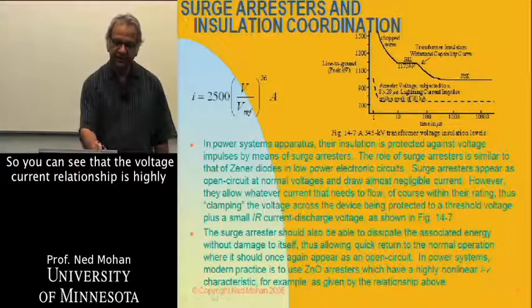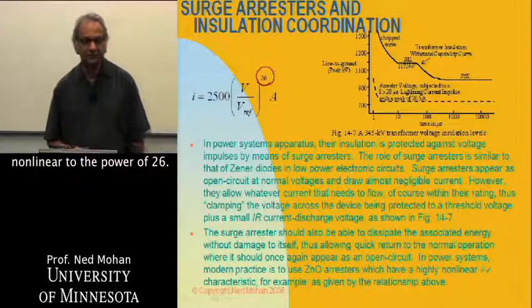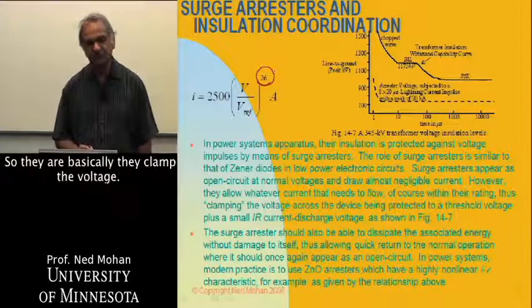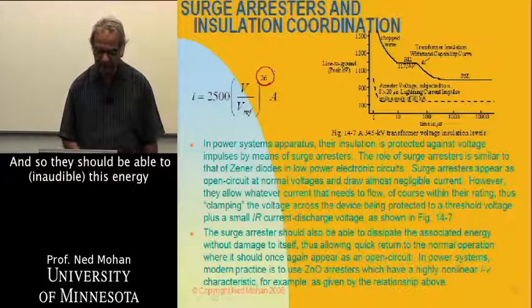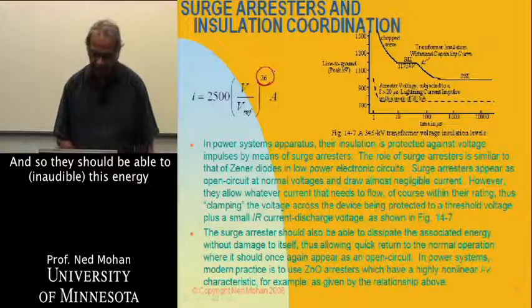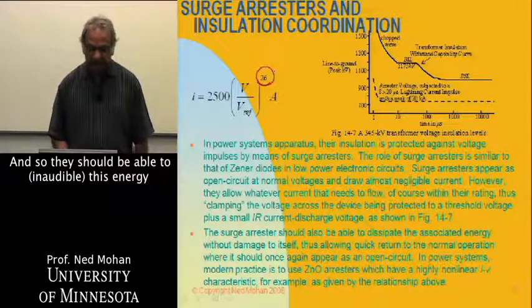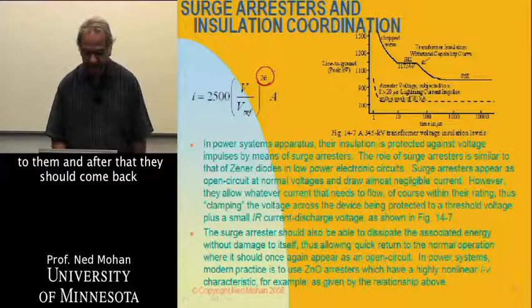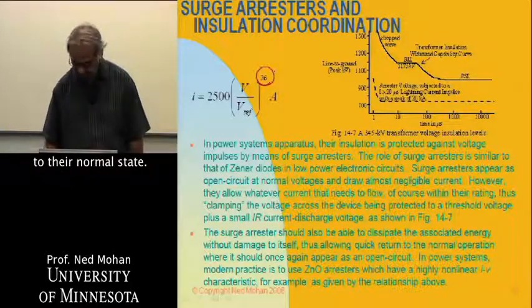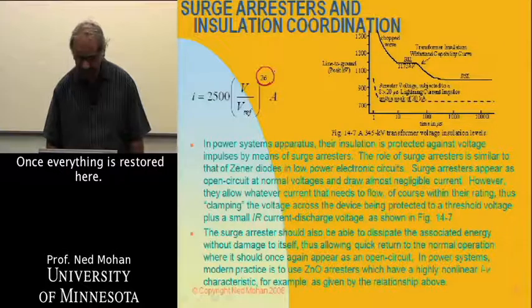You can see that the voltage-current relationship is highly nonlinear, to the power 26. They should be able to dissipate this energy without being damaged while the current is flowing through them, and after that they should come back to their normal state once everything is restored.